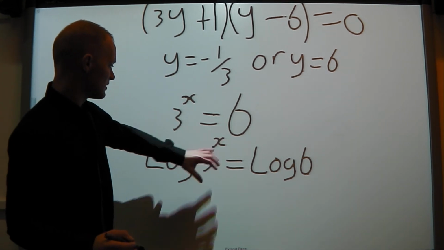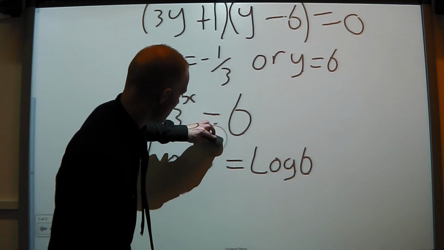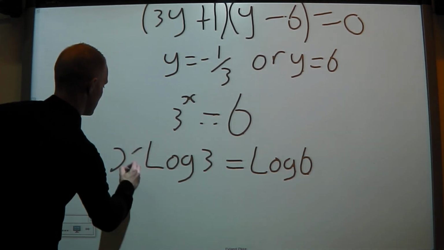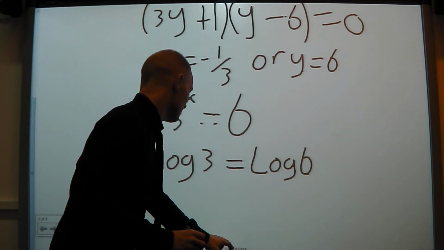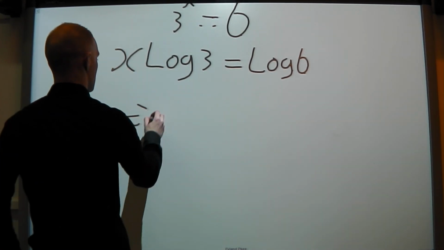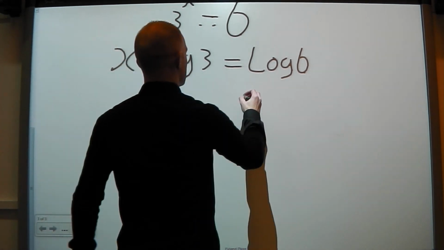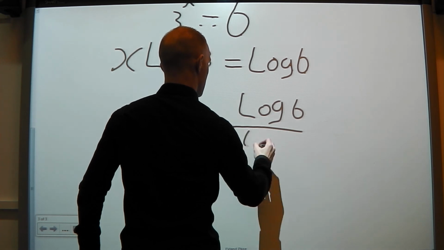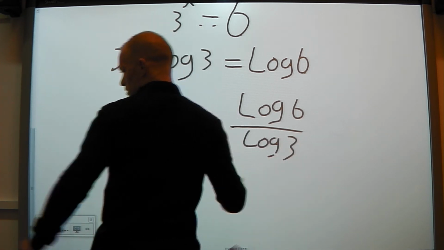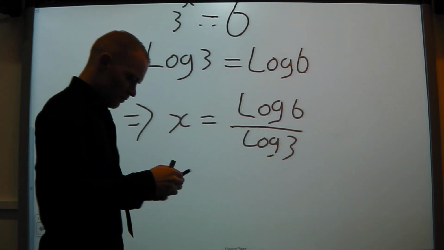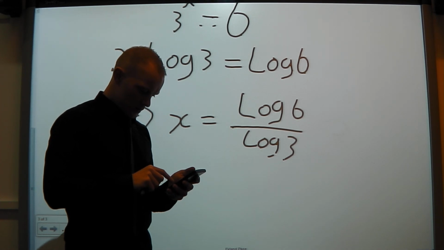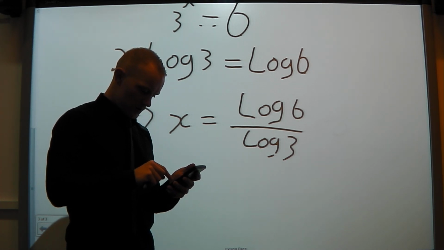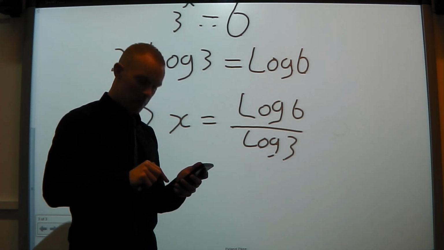You can bring that x down with the laws of logs, so that's the same as writing it that way. So then x is equal to log 6 over log 3, which is about 1.63.